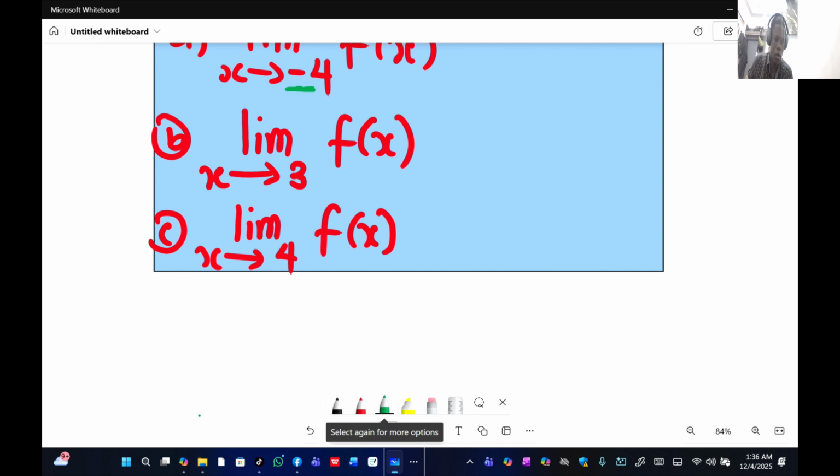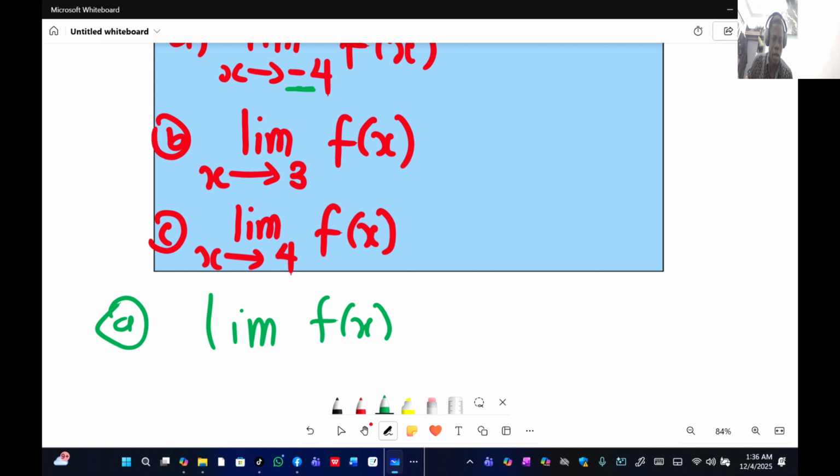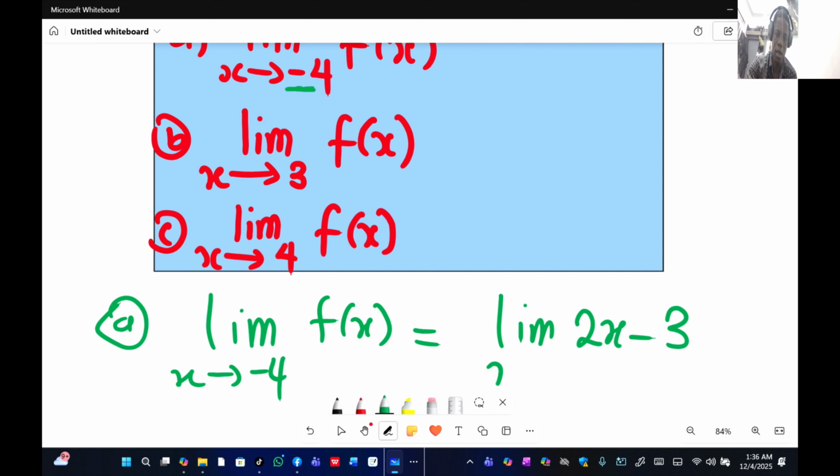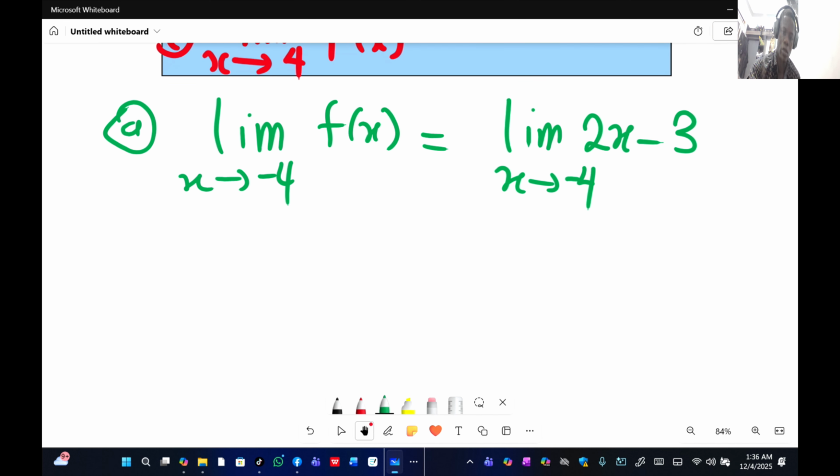We start by bringing the function back: the limit of f of x as x approaches negative 4. We replace it with the limit of 2x plus 3 as x approaches negative 4. Since it is a linear function, we just substitute the value of x into the expression.